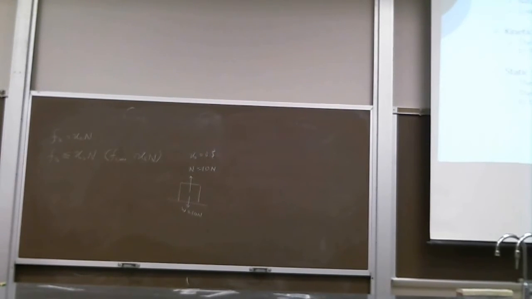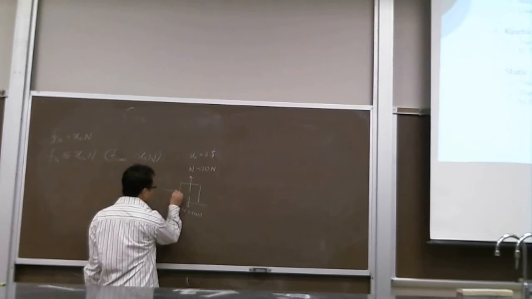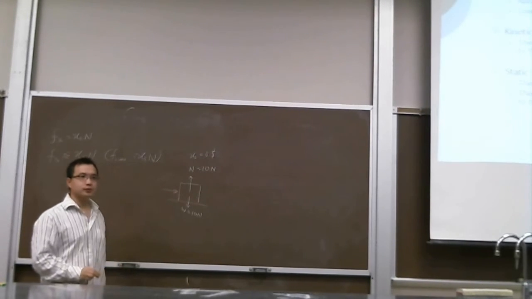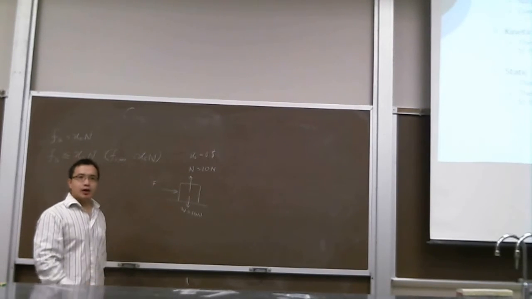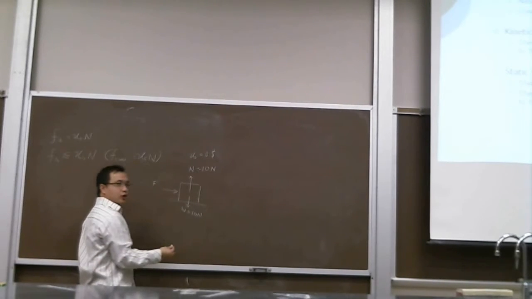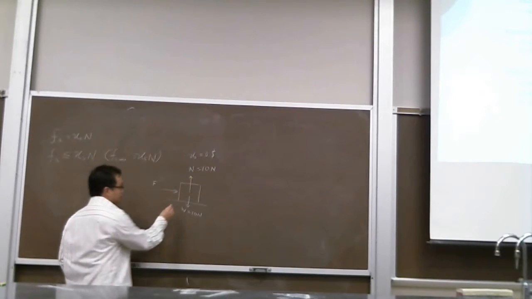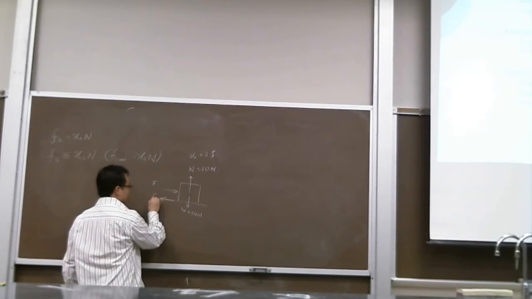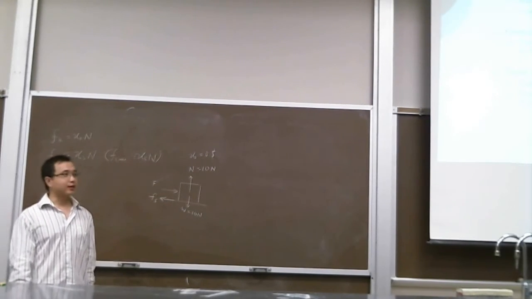So in this case, if I'm pushing it from this direction with some external force, of course, if the force is not very large, I cannot move the object due to the frictional force. If it's not moving, you will have some static frictional force.